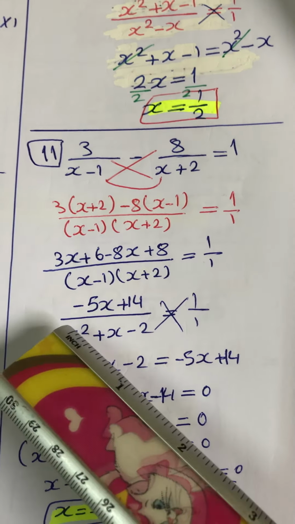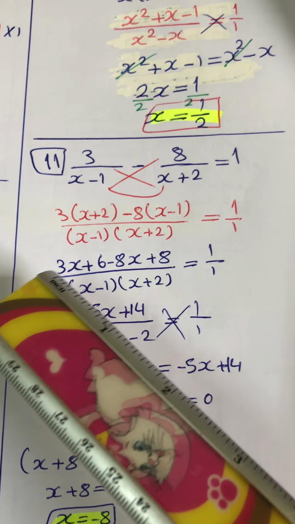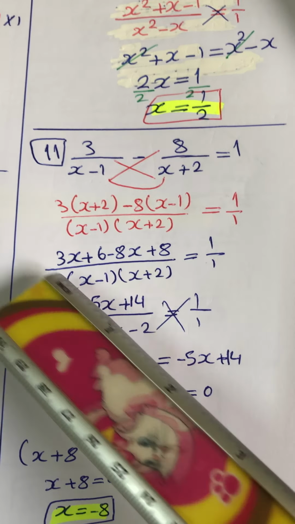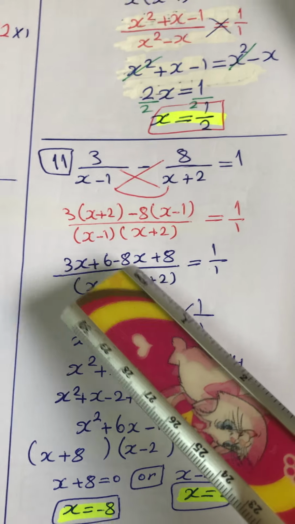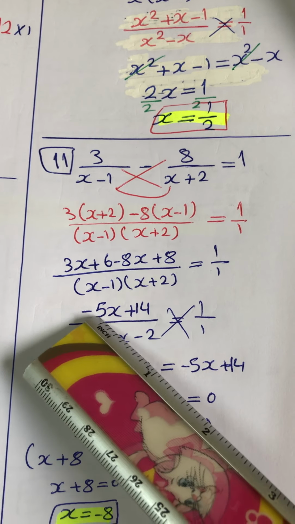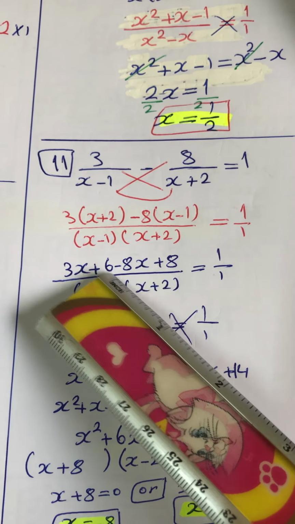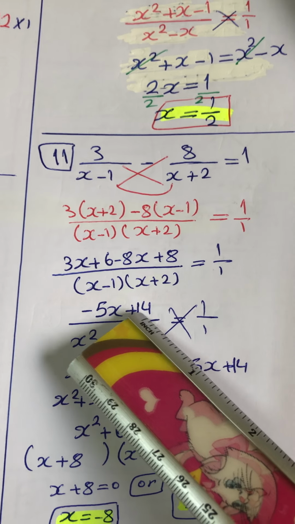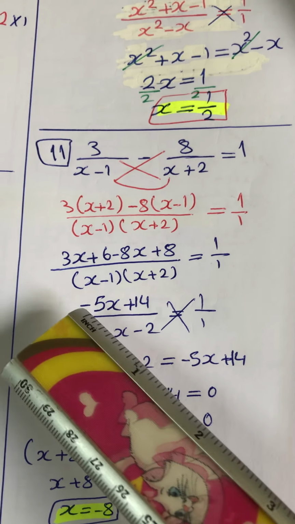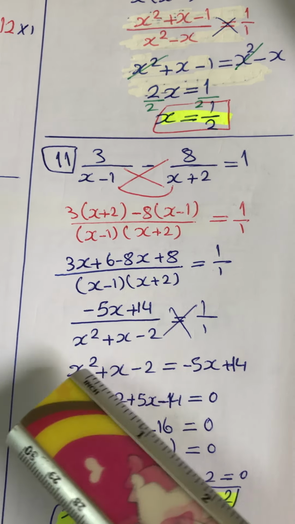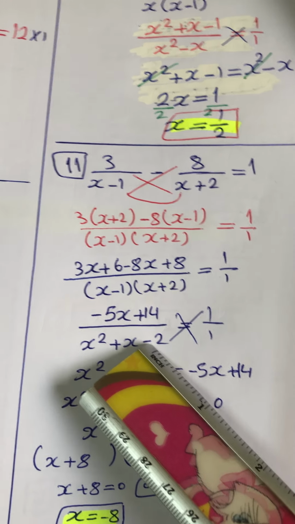Cross multiplication. In the beginning, I have to collect the like terms up. I have 3x positive, negative 8x, so it will be negative 5x. And 6 positive plus 8 positive equals positive 14. Now I have negative 5x plus 14 up, x squared plus x minus 2 down.